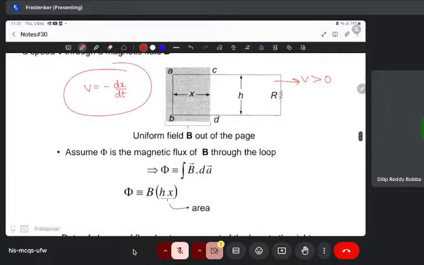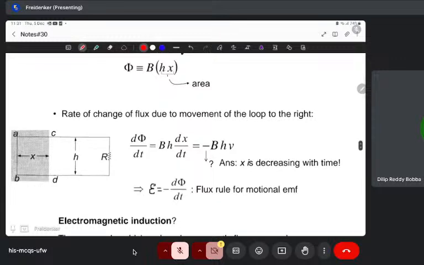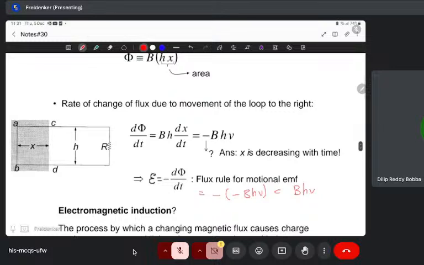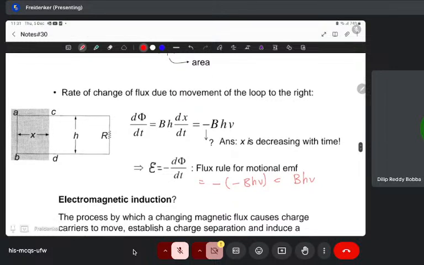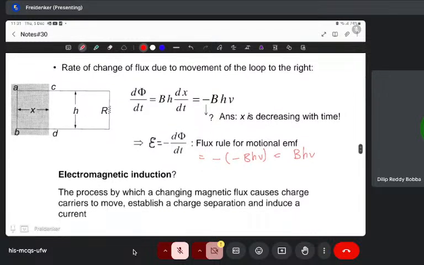So you'll get a minus v. Epsilon is minus d phi by dt, so you'll get minus of minus Bhv, which is nothing but Bhv. So epsilon in this case is Bhv, your EMF. But the moment this loop goes out of the magnetic field, there is no EMF.